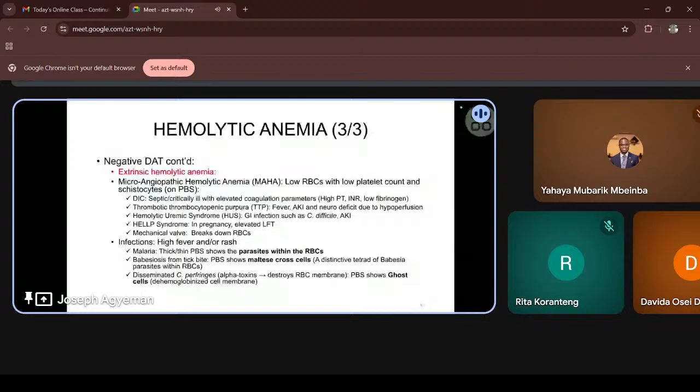Another cause is thrombotic thrombocytopenic purpura. So you realize that the person begins to form useless clots, micro clots. What do you use to produce clots? Your platelets. So the moment you utilize your platelets to produce tiny clots, you'll be using up all your platelets. Hence the name thrombocytopenic.